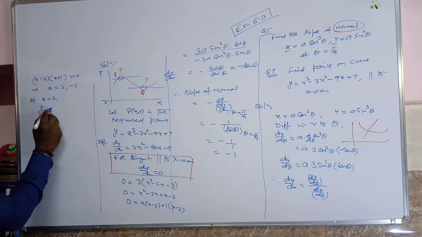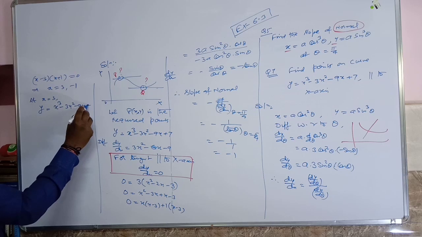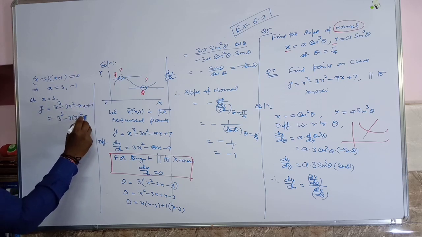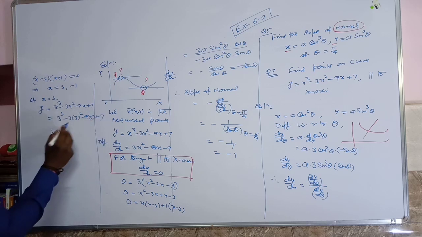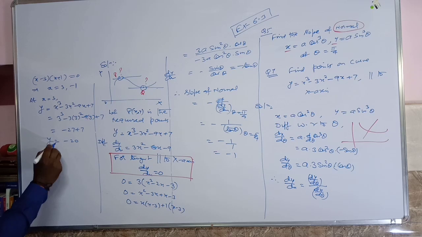You must put the value because they asked for the points, है ना. Where is the curve? x cube minus 3x square minus 9x plus 7. At x equals 3, 3 cube minus 3 into 3 square minus 27 plus 7, it will cancel out, giving minus 20.